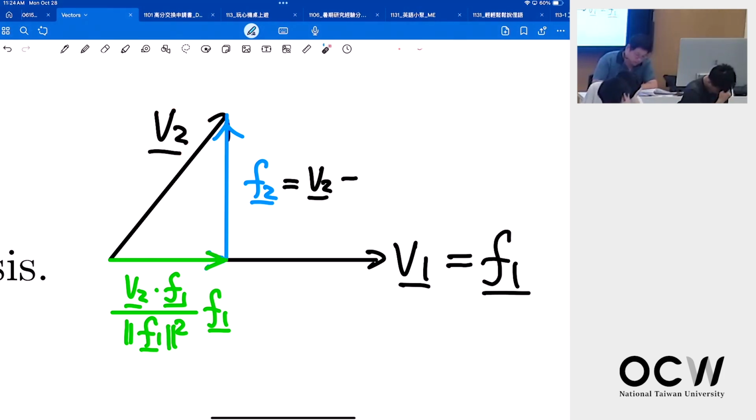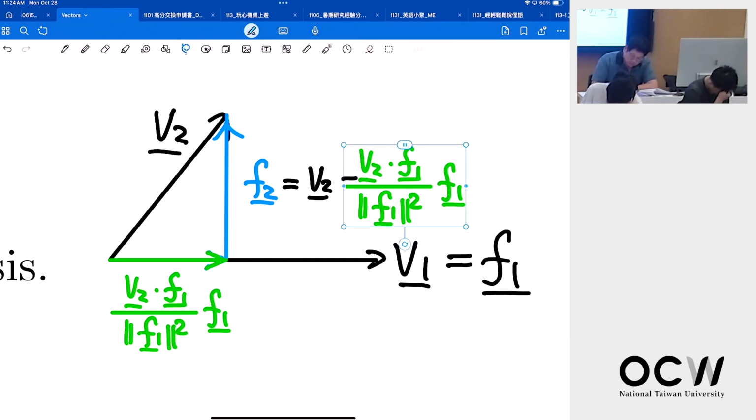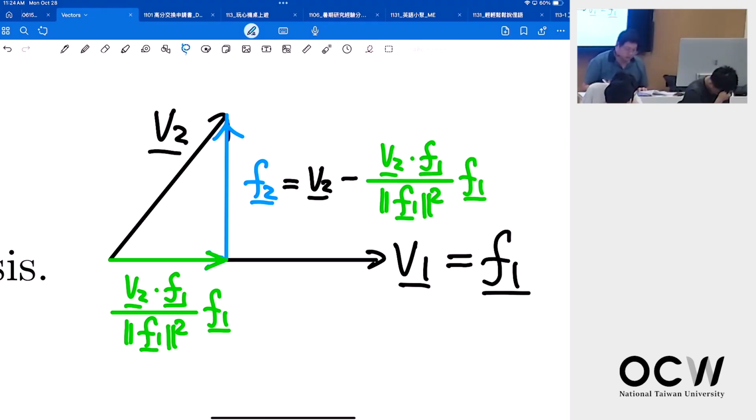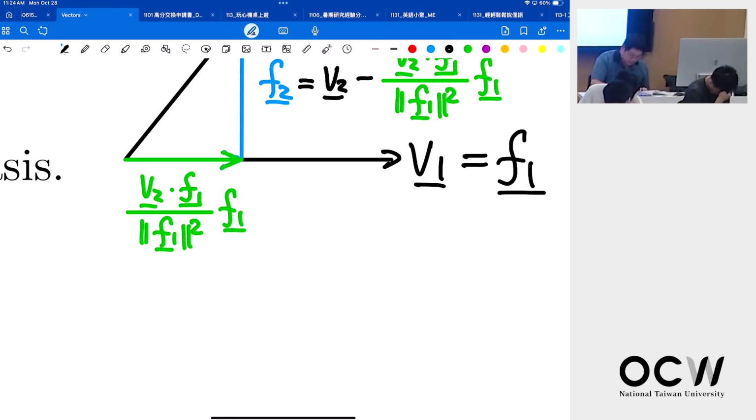Then we have 2 vectors, F2 and F1. So here, F1 and F2.